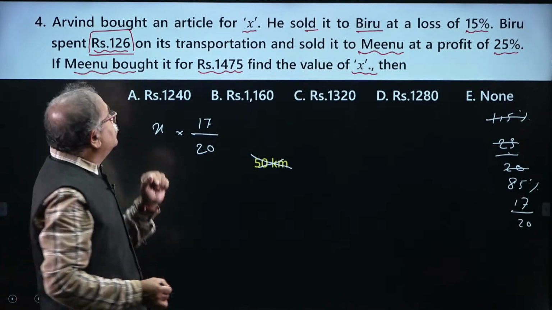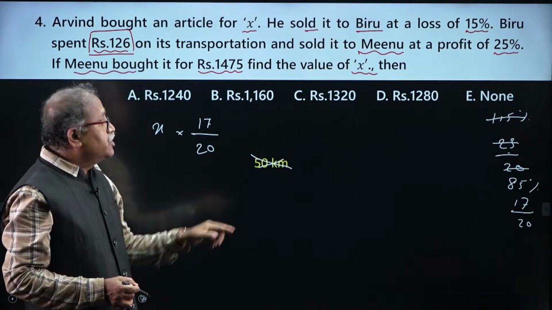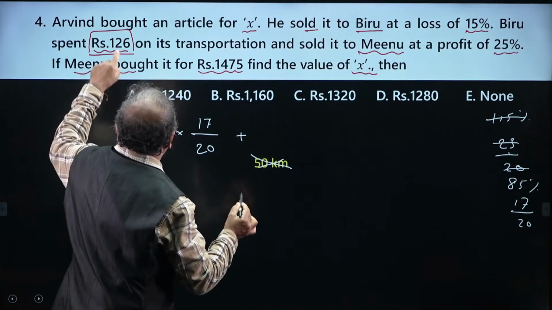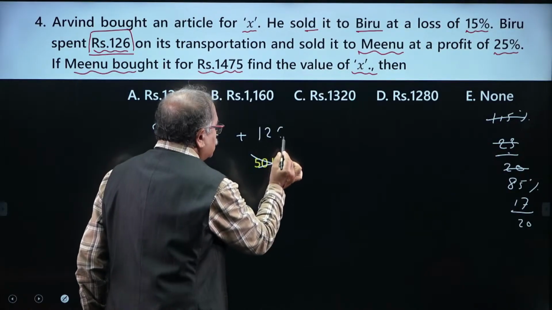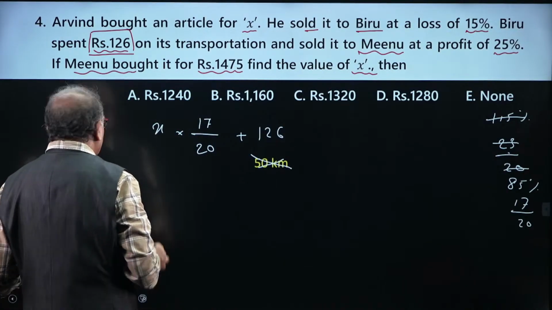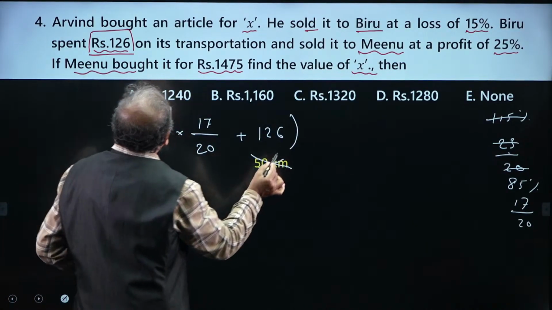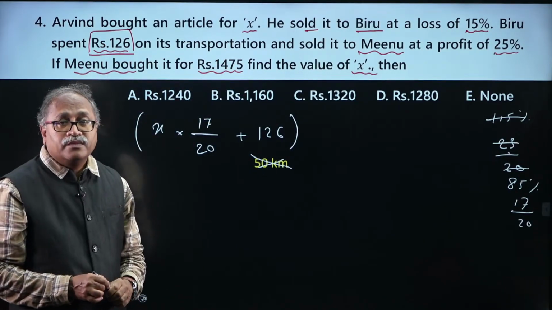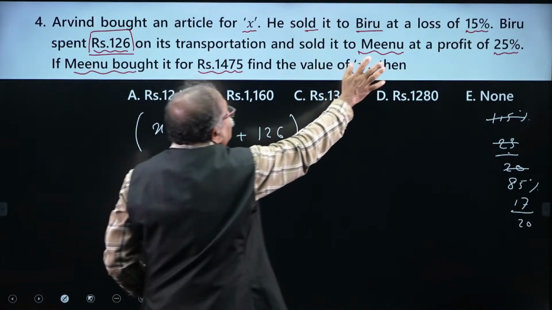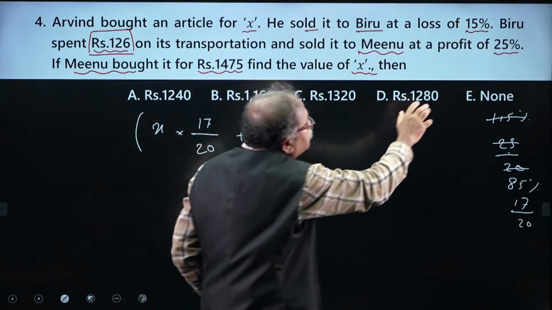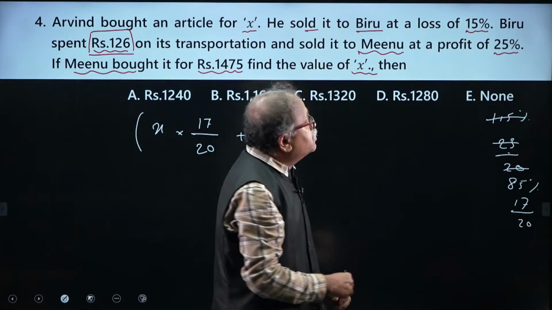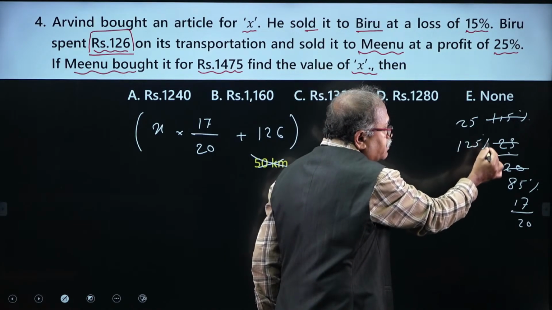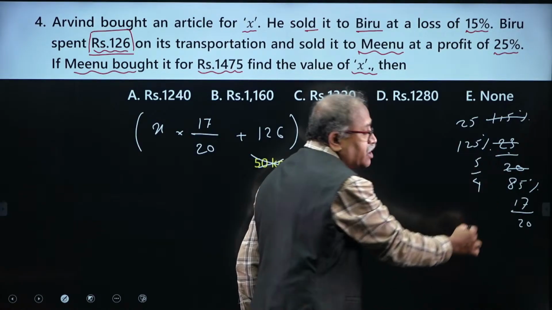And then Biru spent rupees 126 on it. So, add 126. So, whatever now comes is the final cost price of Biru, and he sells it to Meenu and gets a profit of 25%. 25% profit means 125%, which is nothing but 5/4.